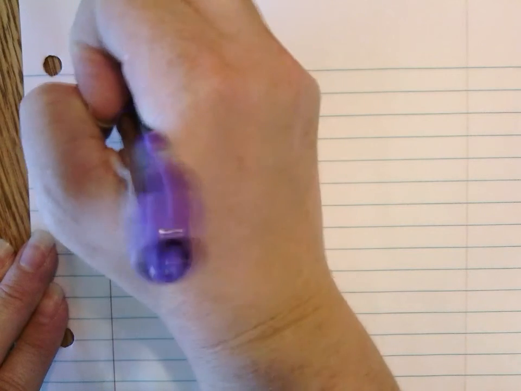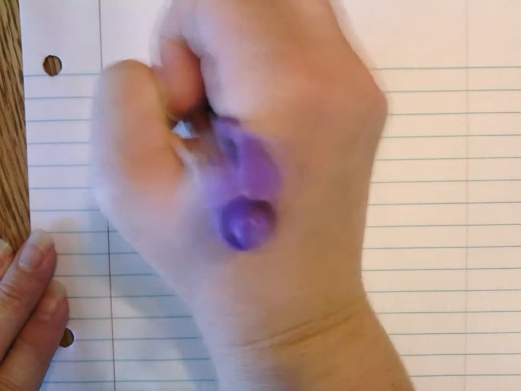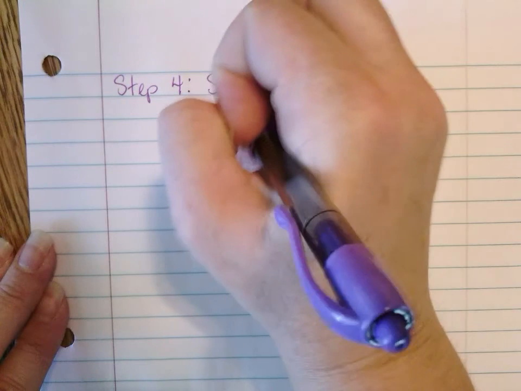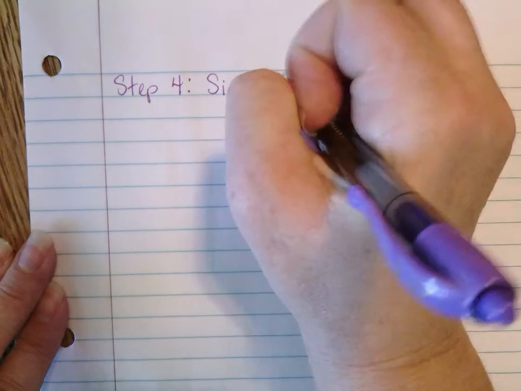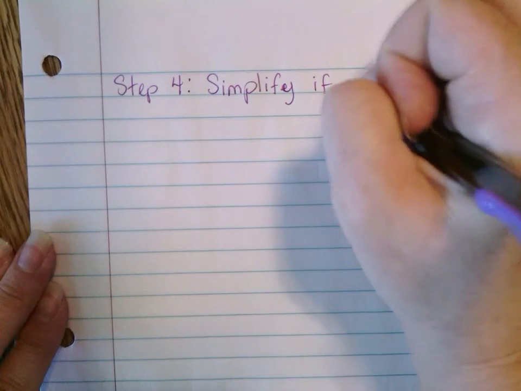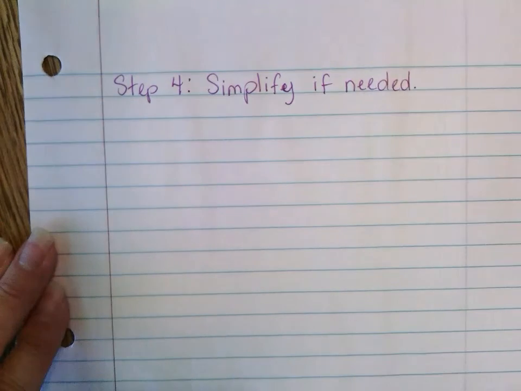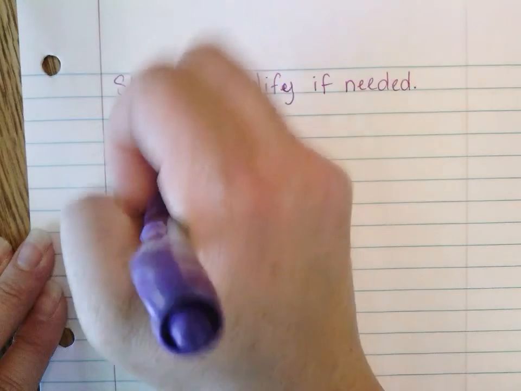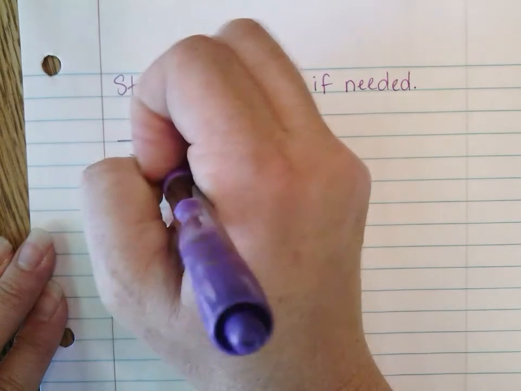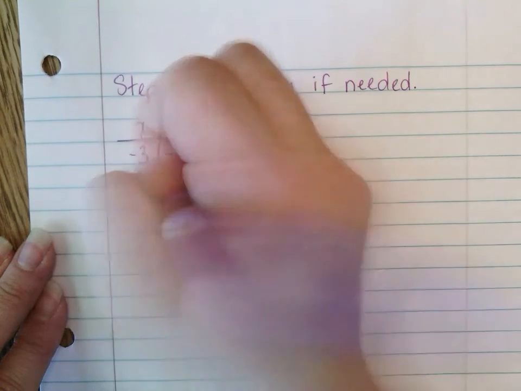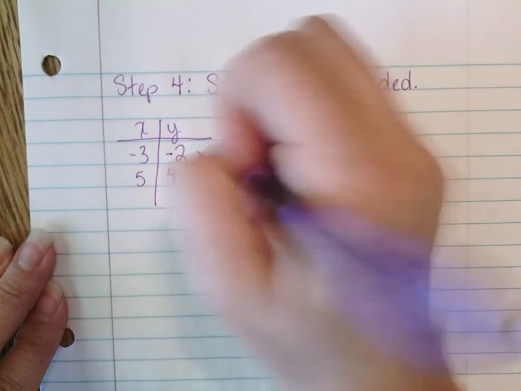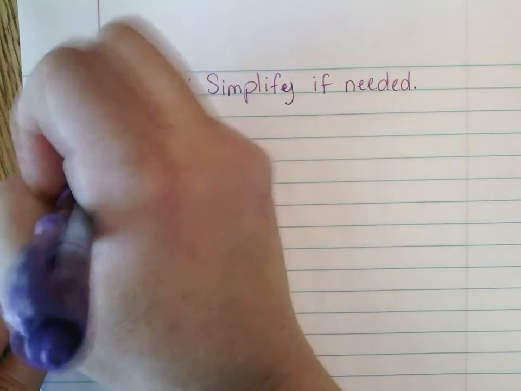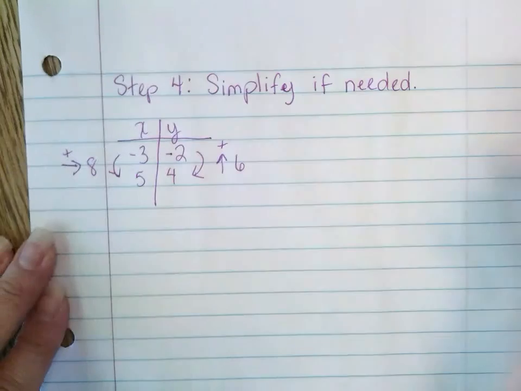Step 4, the last step: we need to simplify if needed. So we've got our t-chart again, -3, -2, and the 5 and the 4. That was an increase of 6 in y and an increase of 8 in x.